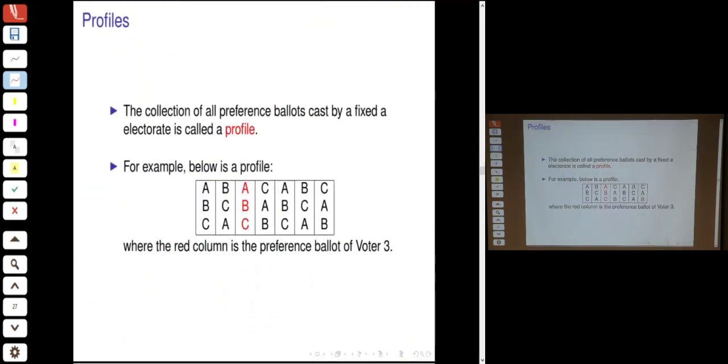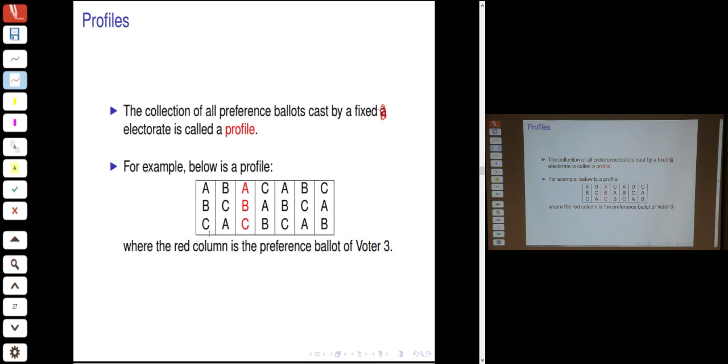The collection of all preference ballots cast by a fixed electorate is called a profile. So this is a profile, for example.